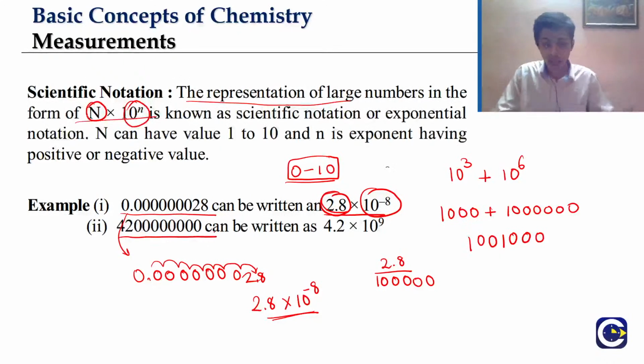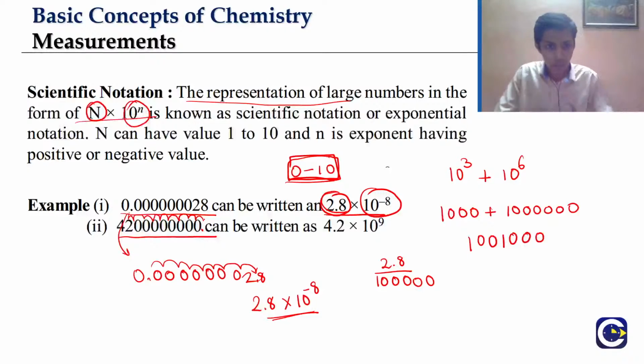Whereas when bigger numbers are there, then I'll have to assume that here point is there, and I'll have to move to the left. Okay, so when I'm moving to the left, I have to count how many times I'm moving till I reach the number which is in between 0 to 10. Yes, you are understanding nicely, Rishmi.